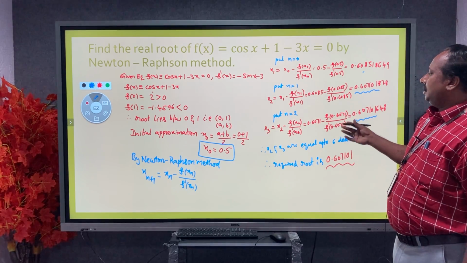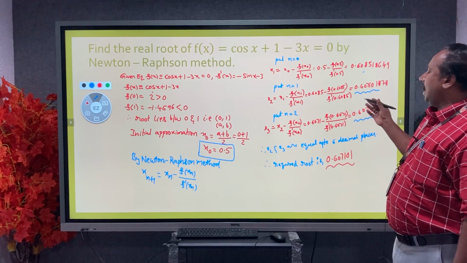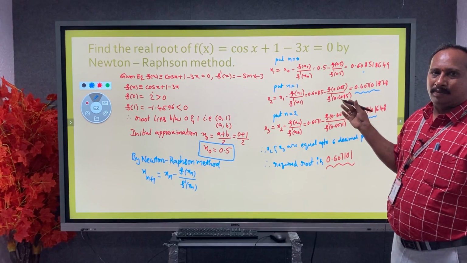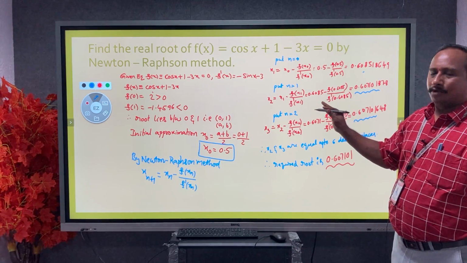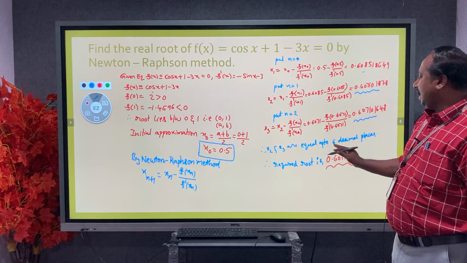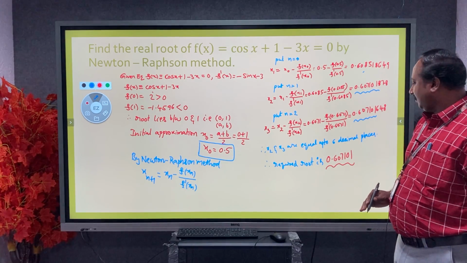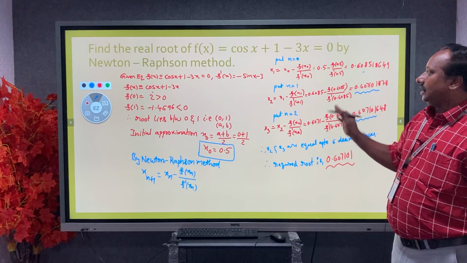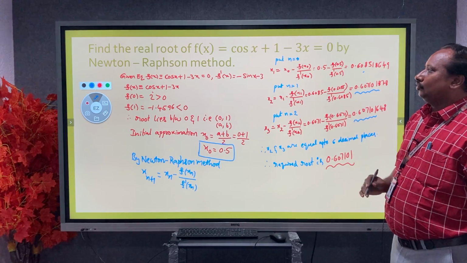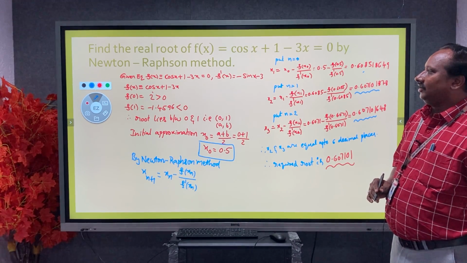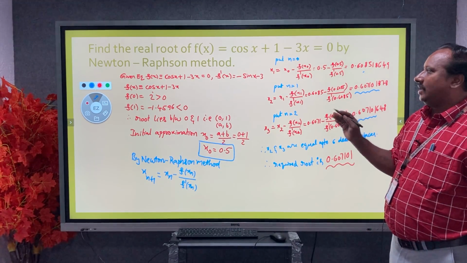Check when they are equal up to 5 or 6 decimal places. Then we stop the process and write the required root, 0.607101. So this is the procedure to solve algebraic and transcendental equations by the Newton-Raphson method.